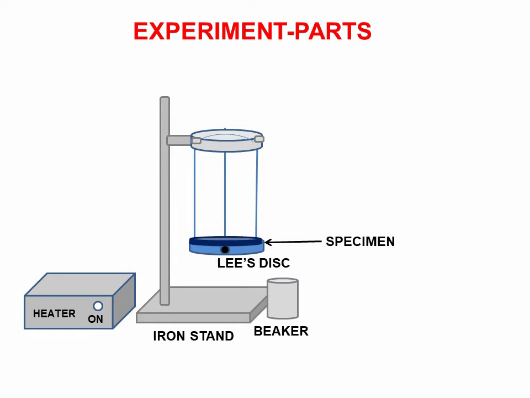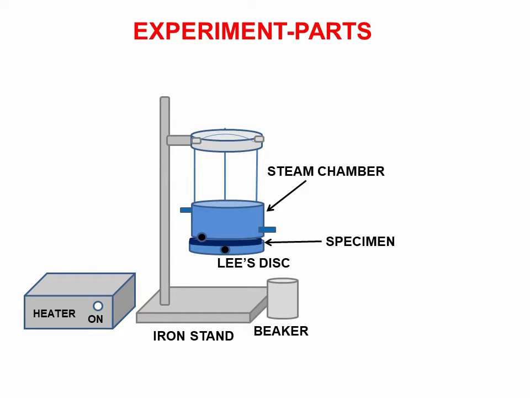Then the steam chamber is placed over the specimen so that the given specimen is sandwiched between the lower disc and the upper disc. Here the lower disc is called the Lee's disc, the upper disc is called the steam chamber. This steam chamber is hollow. It has one inlet and one outlet through which the steam can be passed, and also it has a hole for measuring the temperature.